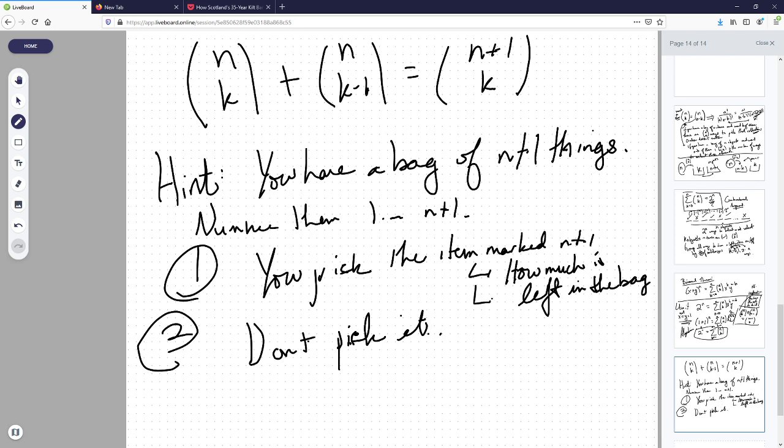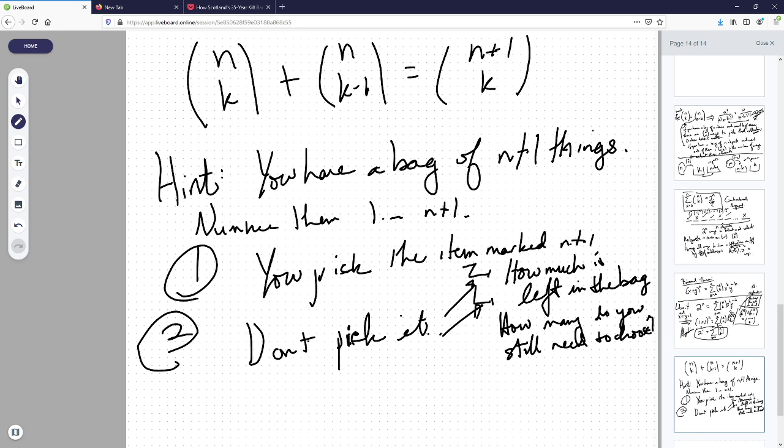And the second question is, how many do you still need to choose? And you have to do these two questions for both of these. So you do it for this one, and you'll also do it for this one.